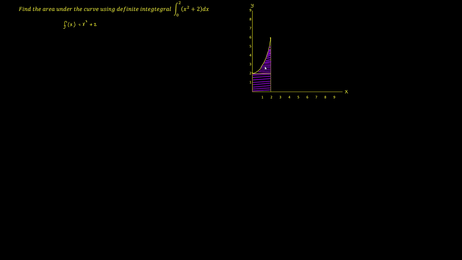And the top side, if we take a line from here and connect it all the way to here, it's going to be a triangle.